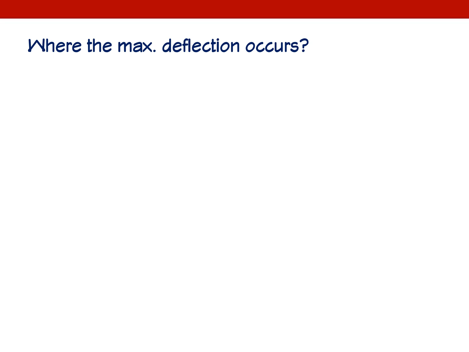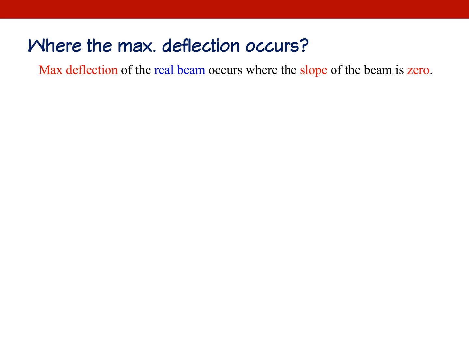Okay, where the maximum deflection occurs. In any math function, including the bending moment diagram, when your slope is 0, your function will be either maximum or minimum. So, for a function to be maximum, it must hit horizontal slope.